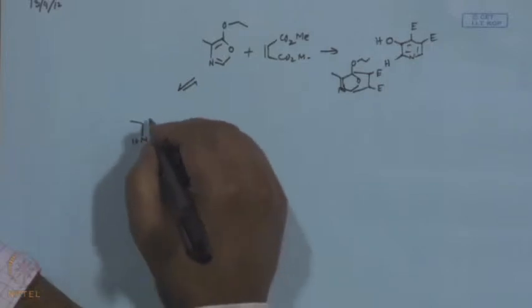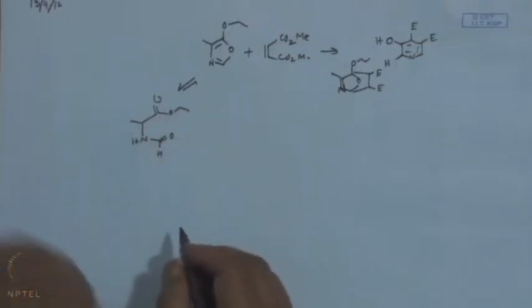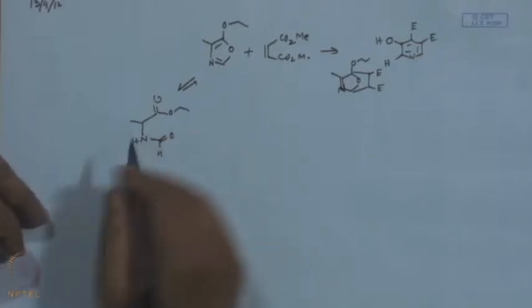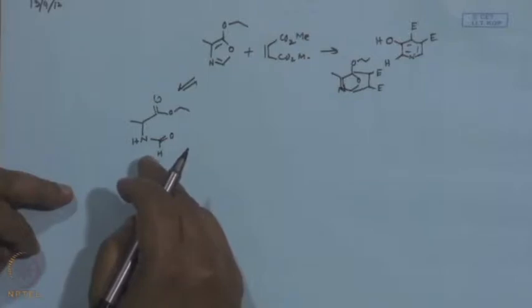It's a formamide, and then you have to have an ester group and oxygen and ethyl, right. So, if you see, this is nothing but something derived from the corresponding amino acid.